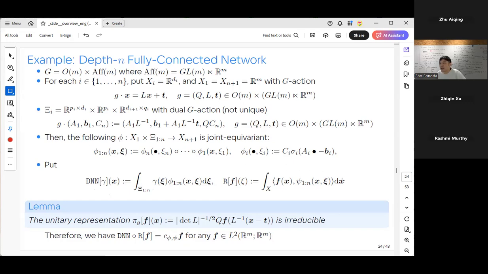So this is the Ridgelet transform for the deep neural network. But the meaning is somewhat easy. This essentially measures the similarity between the vector-valued function f and the feature map psi. So the interpretation is somewhat easy.